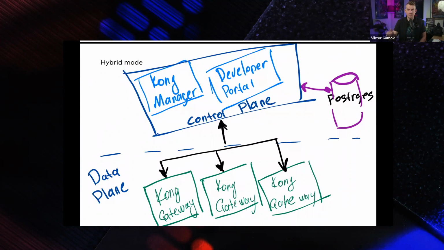constantly updating, it is bidirectional. In hybrid mode, actually, think about this: because the Kong gateway doesn't store anything, there's no database, there's nothing. It is a very good scenario for security reasons also.